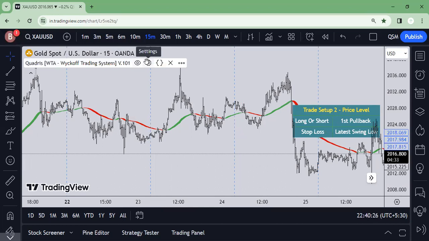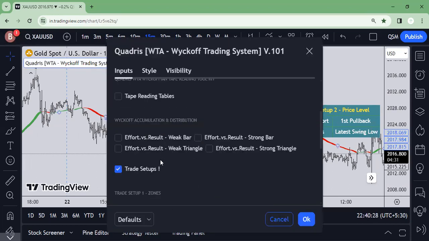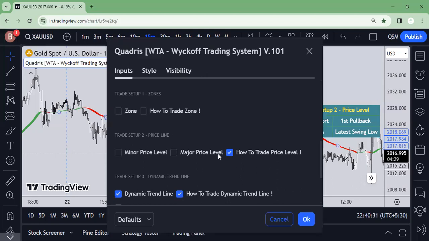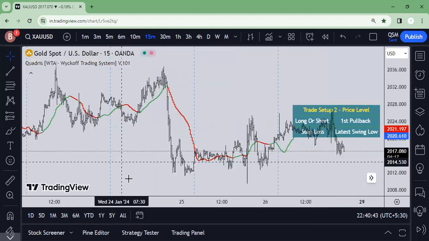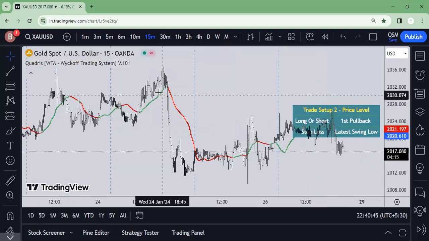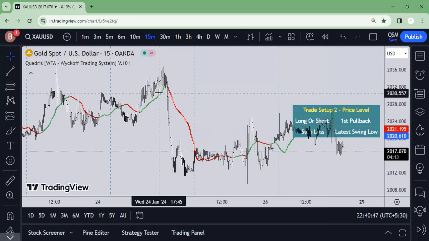After this, we have another concept, that is dynamic stop loss. These are all staircasing lines which act as a dynamic support and dynamic stop loss levels.